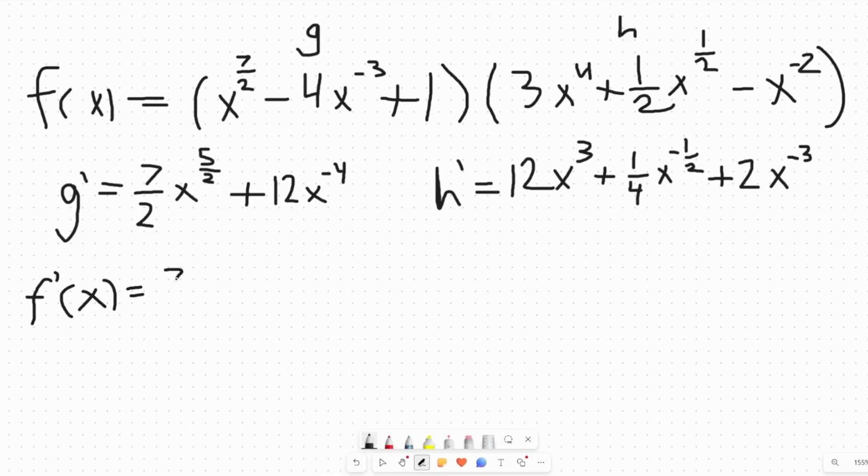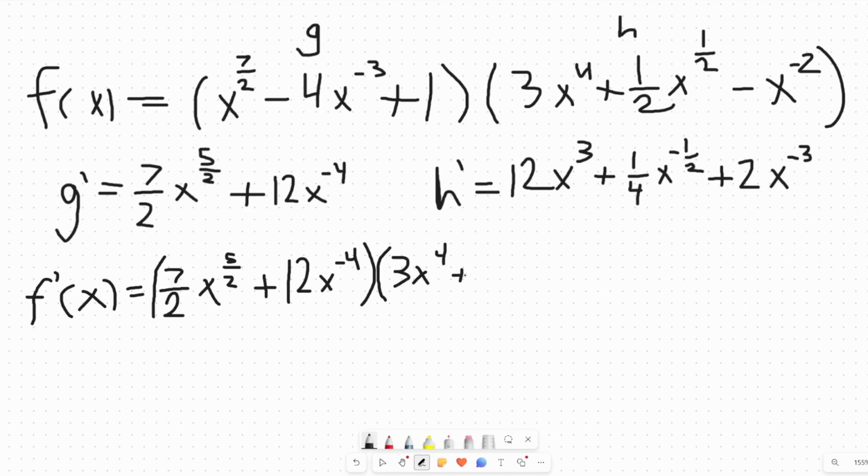Equal to g prime, so 7 over 2 x to the 5 over 2 plus 12x to the minus 4 times h. So we just write it as 3x to the 4 plus 1 over 2 x to the 1 over 2 minus x to the negative 2.